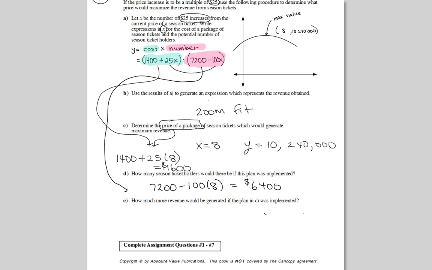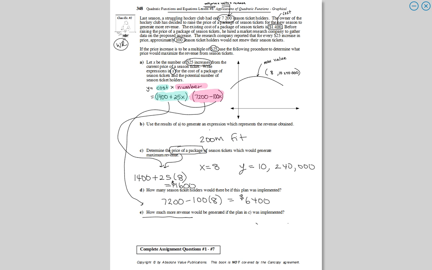Then it says, how much more revenue would be generated if the plan was implemented? So the revenue, like we were saying up at the top, is the Y coordinate. So for the original, what's the original price? 1,400 multiplied by 7,200, and then the new one, 1,600 times 6,400.